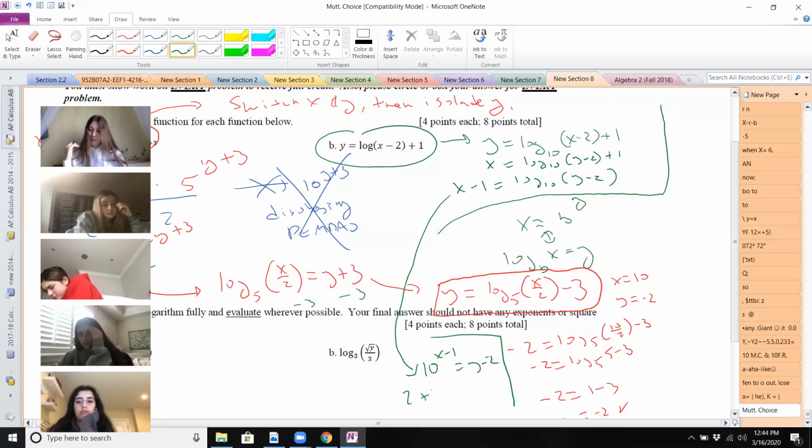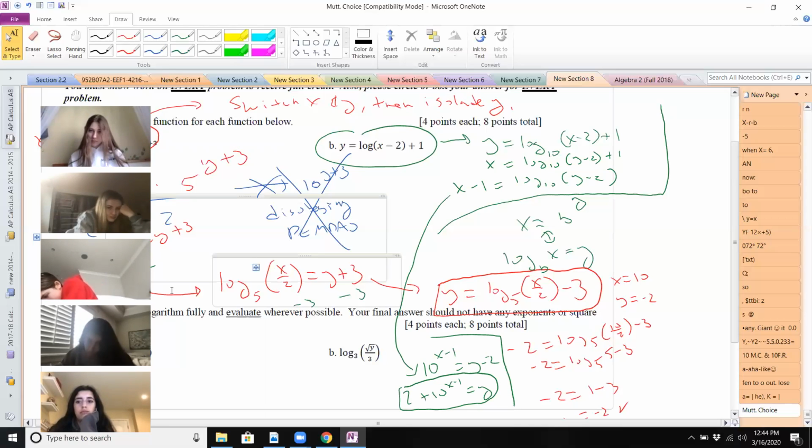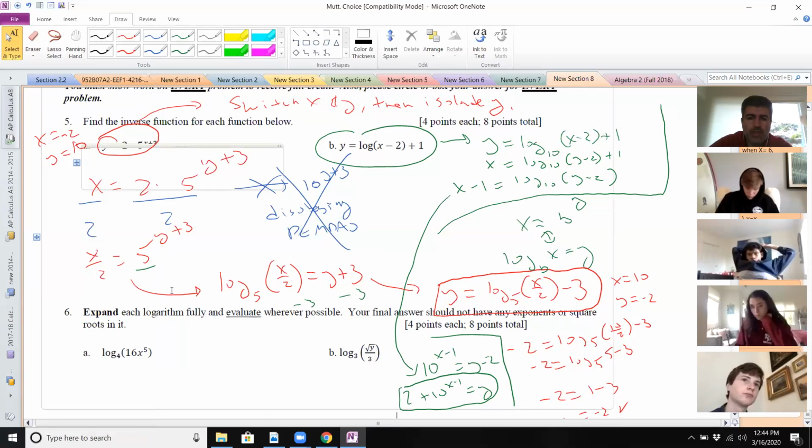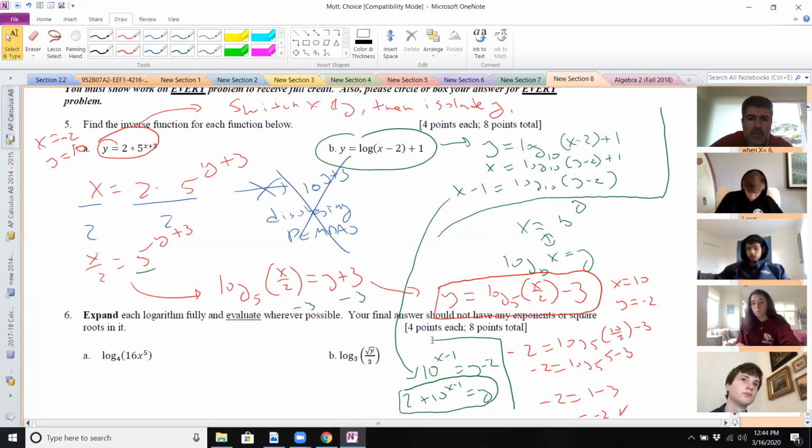Add the 2. And there you go. And it should be an exponential function because that's the inverse of a log function. So that's that one. Let's look at expanding. That one should be pretty straightforward. So any questions about the inverses, by the way, how I did part B? No, we're okay? Okay, cool.